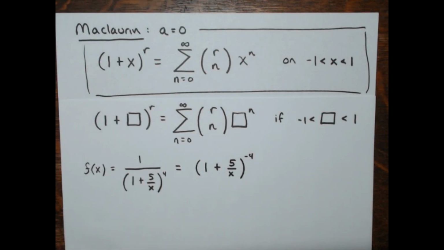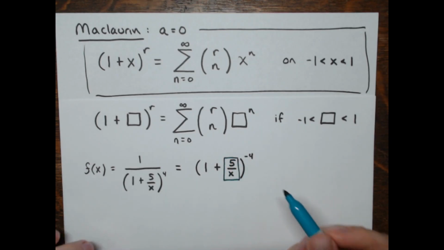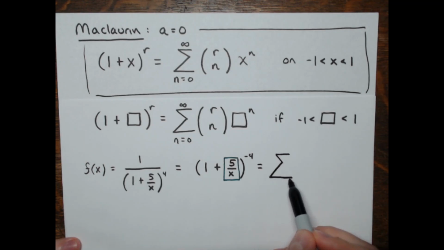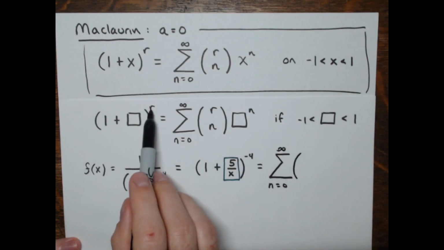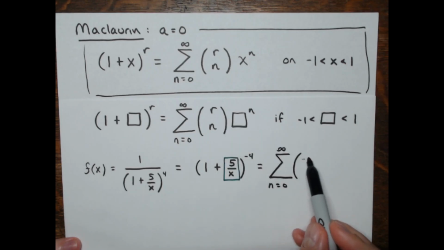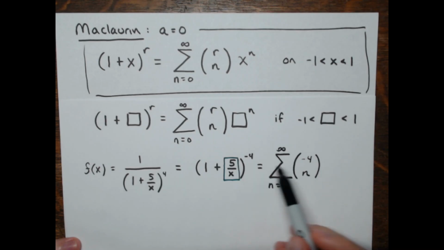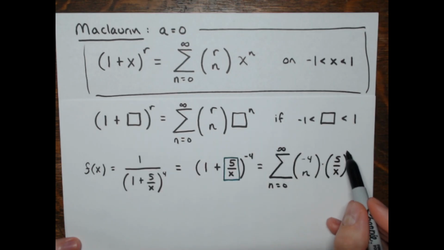So the expression in my box is this 5 over x. So I should be able to write this as a power series, right? The sum from n equals 0 to infinity of, and the value of r here is -4 again. So once again, it's -4 choose n for the coefficients, and then times 5 over x, that's what's in the box here, to the nth power.